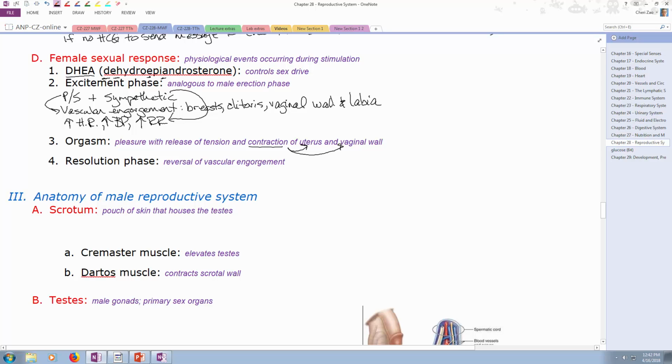Smooth muscle contraction will occur. And this phase is dominated by the sympathetic nervous system. The resolution phase is the reverse of vascular engorgement. So basically, all of these areas that became vascularly engorged will now allow the blood to flow out.